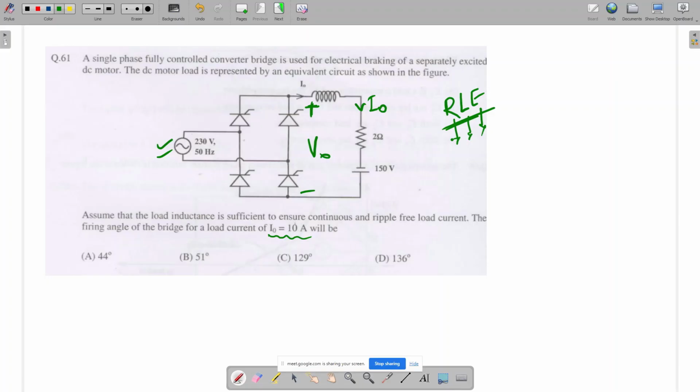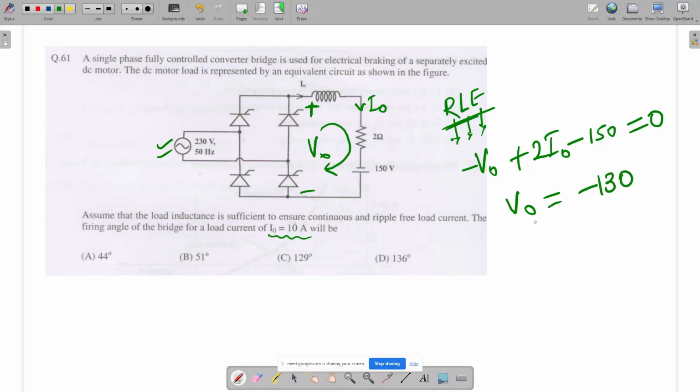In this loop we can write the KVL equation: minus V naught plus 2 I naught minus 150 equals 0. Then V naught, I naught is already given, so 2 into I naught is 20. So V naught will be 20 minus 150, which is minus 130.